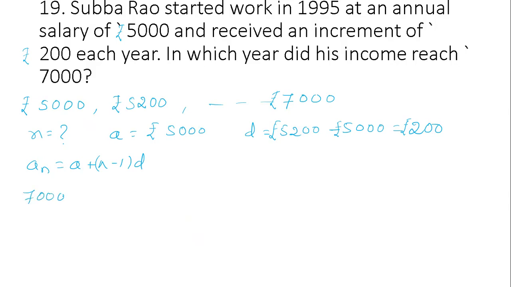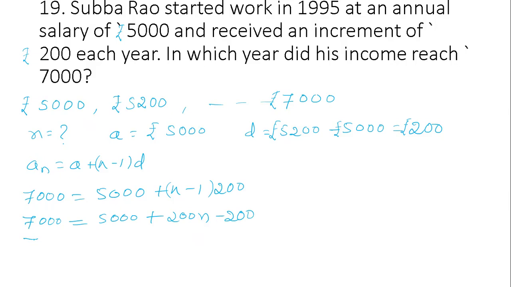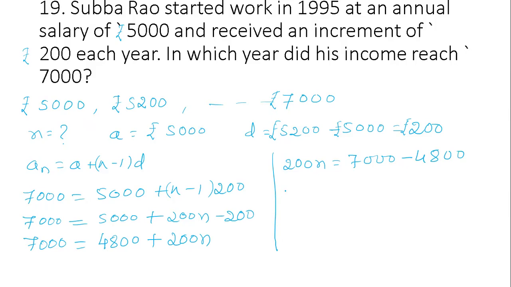An is given as 7,000, a here is 5,000 plus n minus 1, and D is 200. 7,000 is equal to 5,000 plus 200n minus 200. 5,000 minus 200 is 4,800, plus 200n. Next, 200n is equal to 7,000 minus 4,800, which is 2,200.